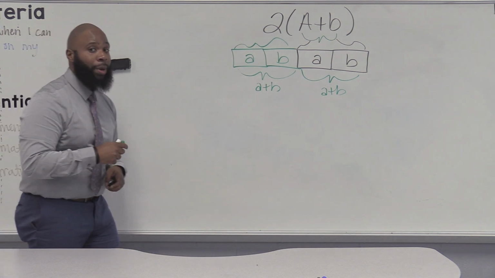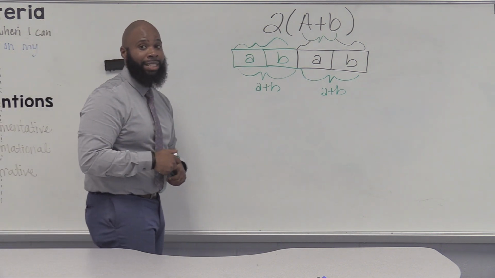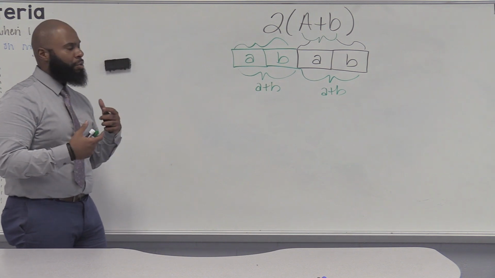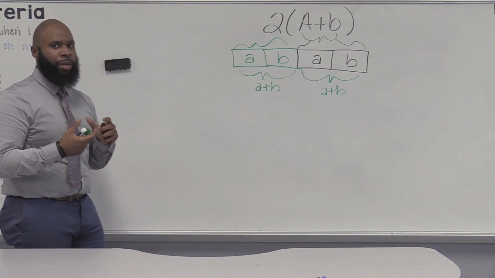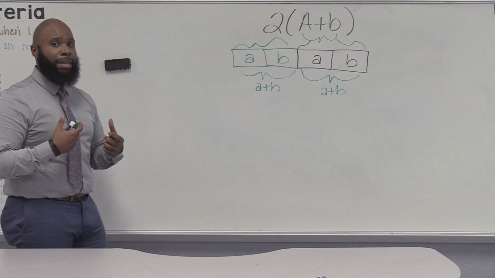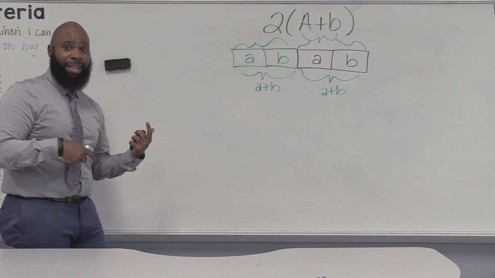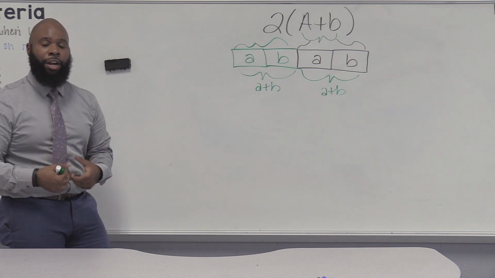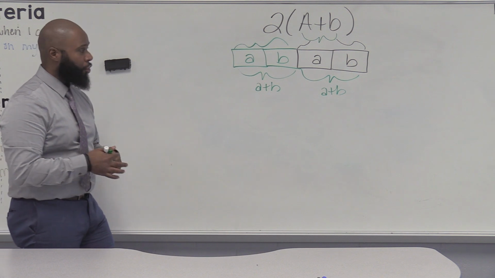Correct. I see 2 A's and 2 B's in this diagram. So how should we regroup this model to make it reflect that? So I can group all my A's together and all my B's together. So how about we try this?